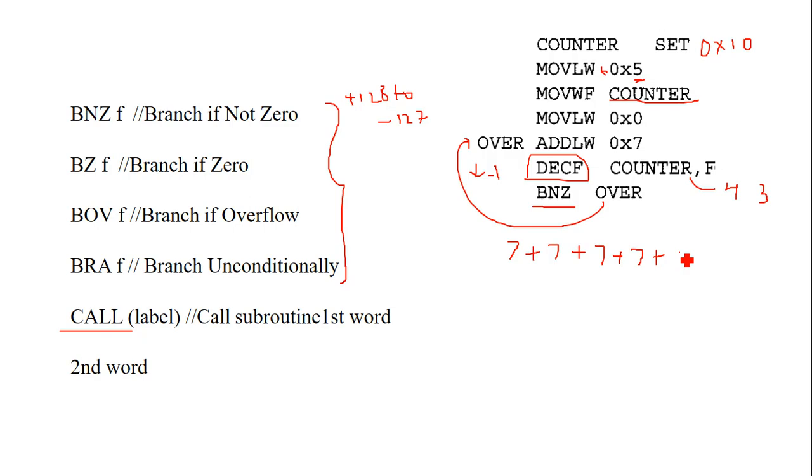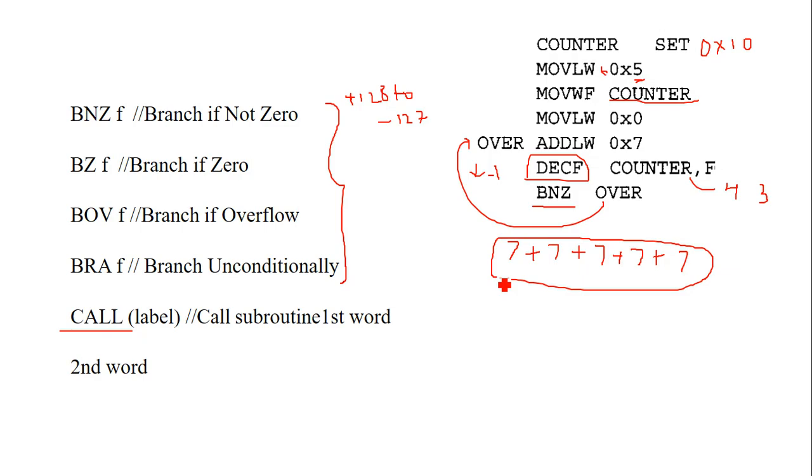It starts from 0, 7, counter 4, again 7, counter 3, again 7, counter 2, again 7, counter 1, again 7, counter 0. So how many times will it add 7?